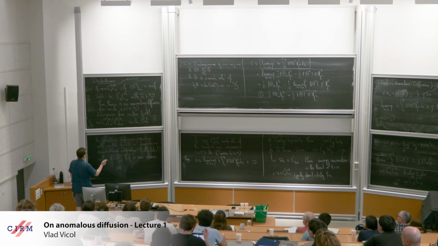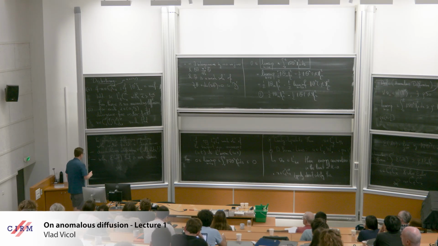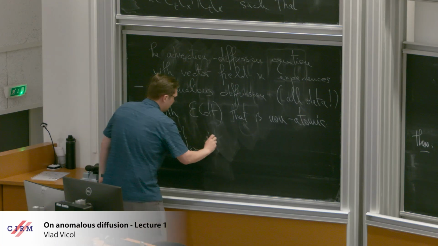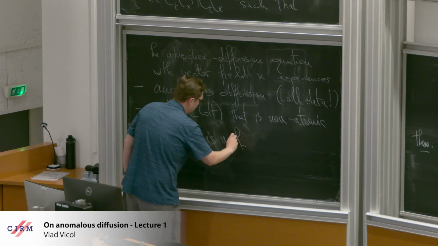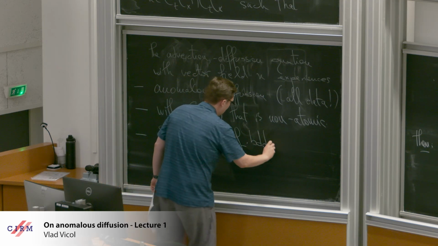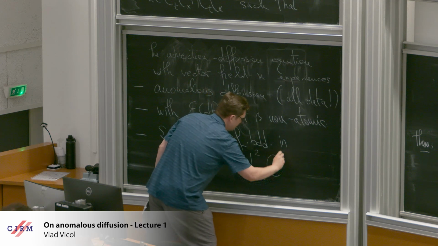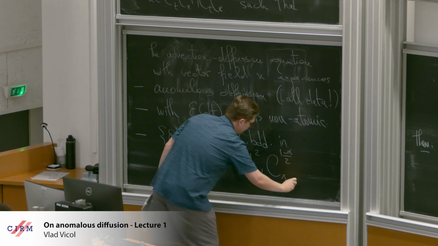Okay, yes. So you need anomalous diffusion, and oh, thank you, I forgot the most important part. And this guy is uniformly bounded in L2 in time, C^(1-α)/2 in space.